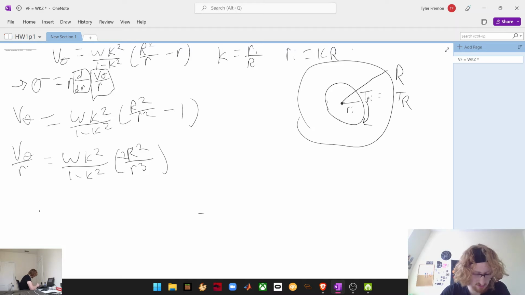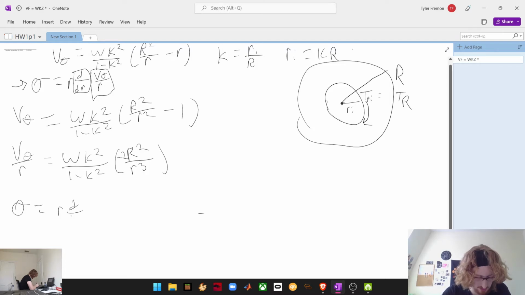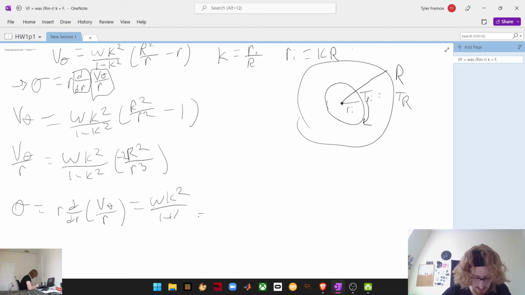Then from here, all we have to do to get the shear rate is multiply by the little r, the given radius, which is going to be equal to omega k squared over 1 minus k squared.